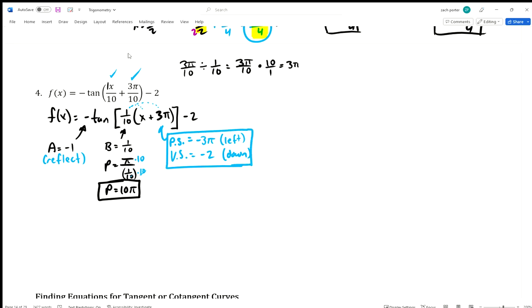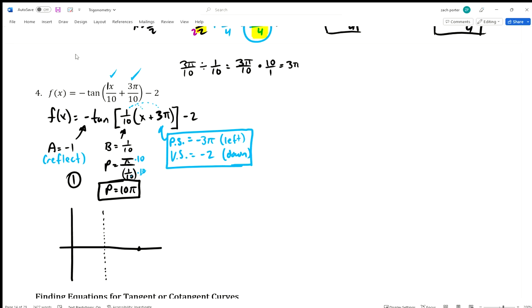Now that we have all of this, just like the previous problem and just like sines and cosines, what I really want to do first is graph the non-shifted version, which is based on this black ink information. So we've got our asymptote. I'm going to put it kind of close to the middle-ish there.